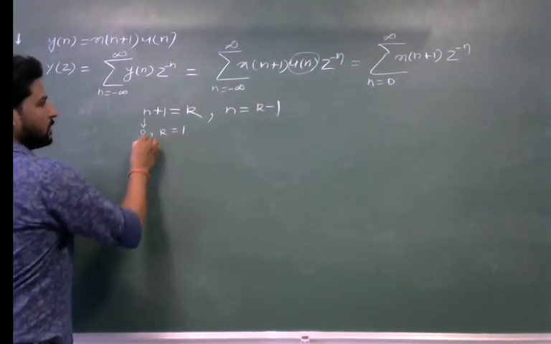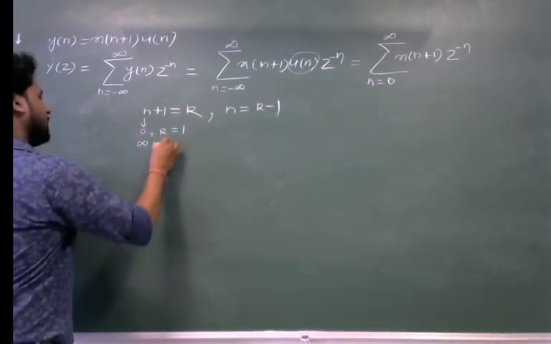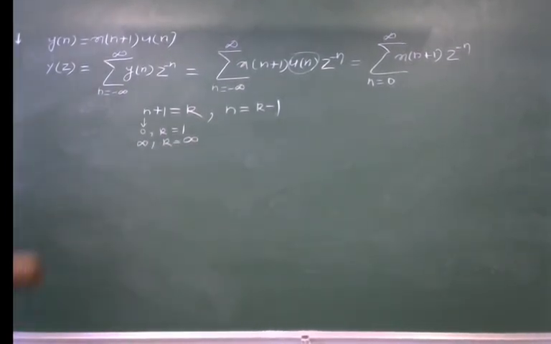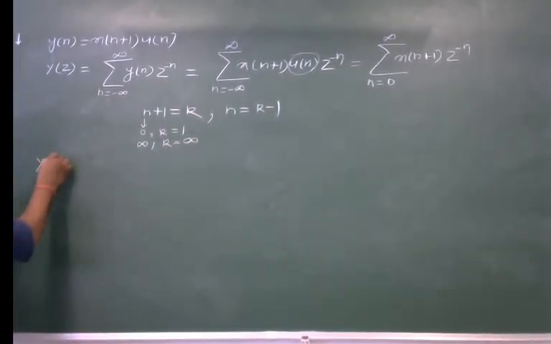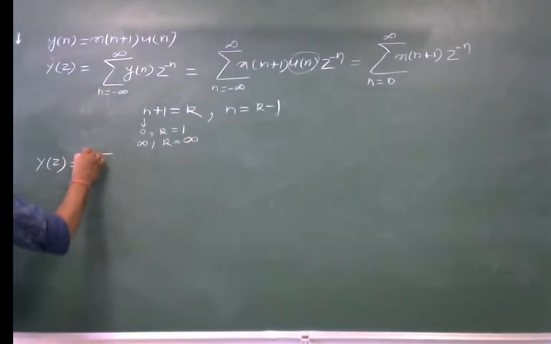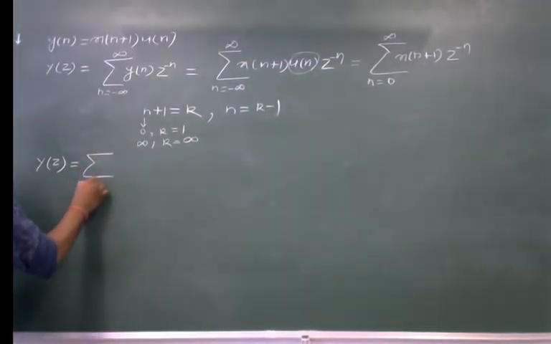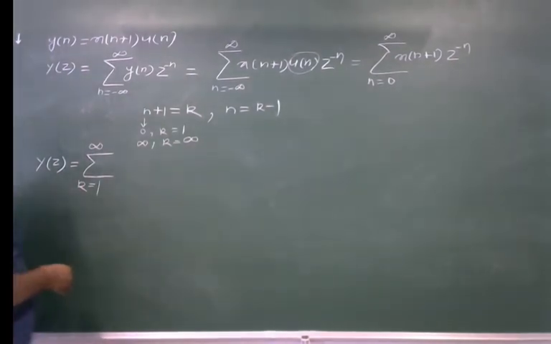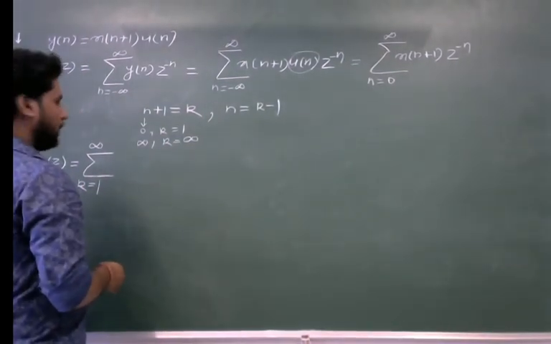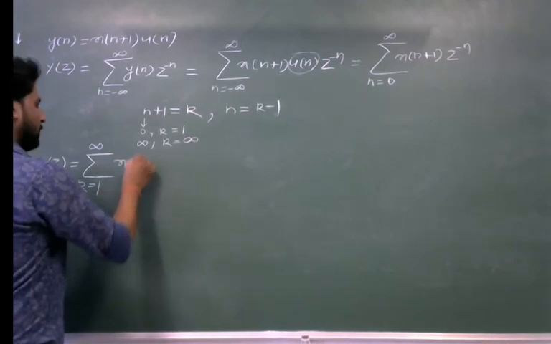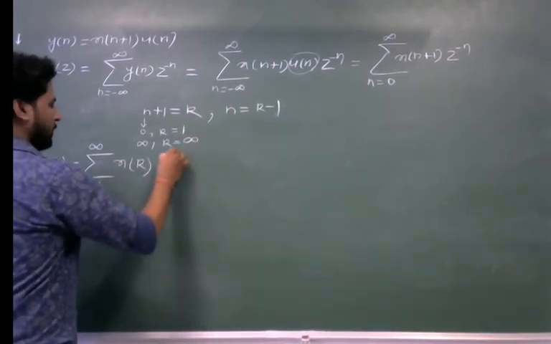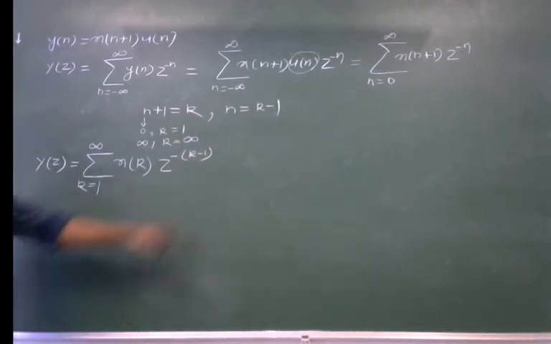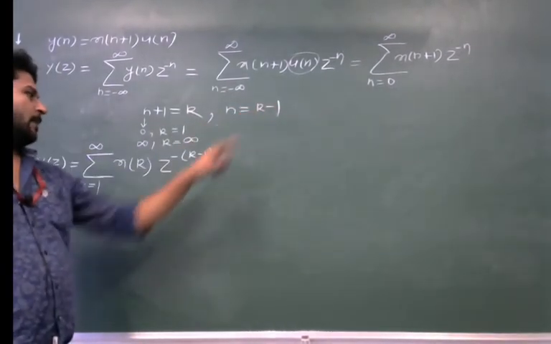When I put n equal to infinity, then k will be equal to infinity. So the new limit: y of z will be equal to the sum for k from 1 to infinity of x of k into z power minus (k minus 1), putting z power minus (k minus 1) in place of n.